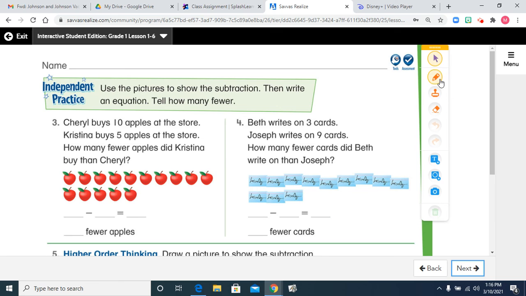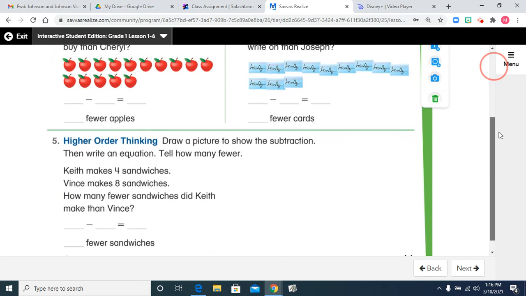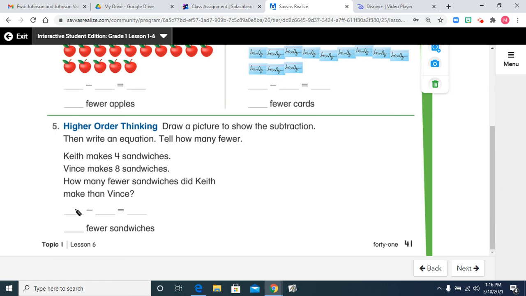Okay, on this page, I want you to do numbers 3 and 4, and number 5 if you want to. You can do that as extra. The only difference here is you get to draw the pictures instead of the book drawing the pictures. And then you could just fill in the equation down here and how many fewer sandwiches.